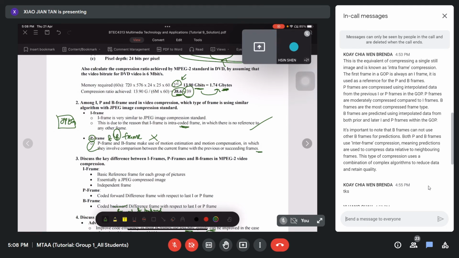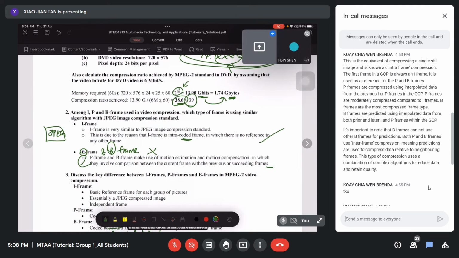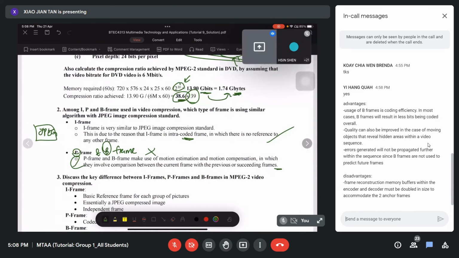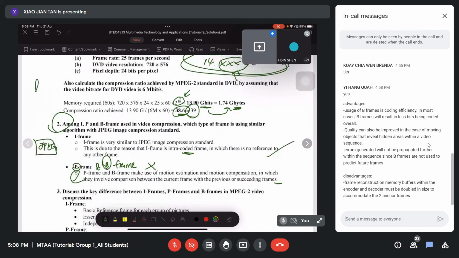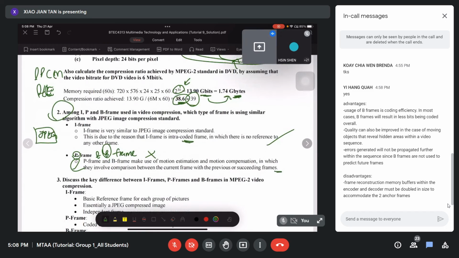So the question is that one of our colleagues raised, for question two, the way JPEG compresses, like for example DPCM and RLE, they are actually coding the differences, right?